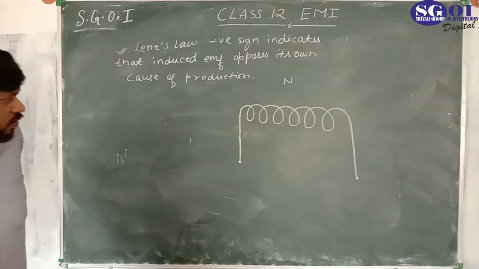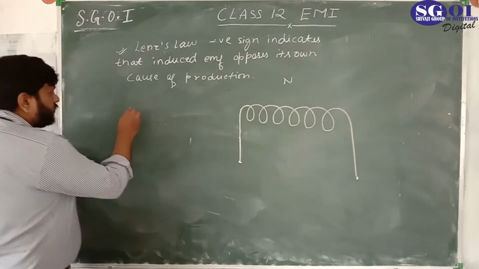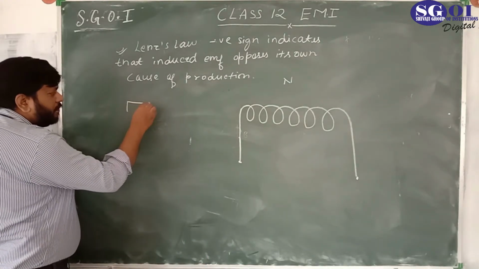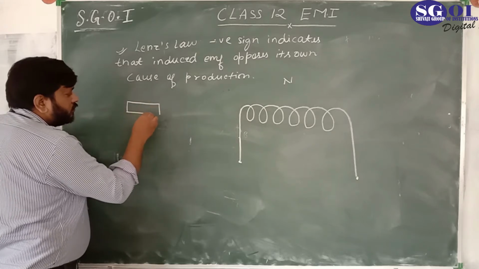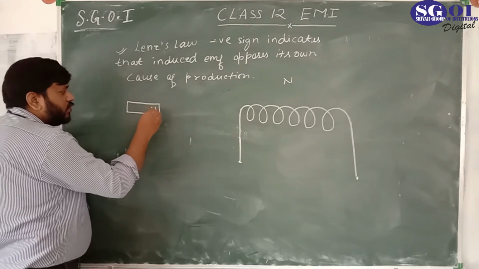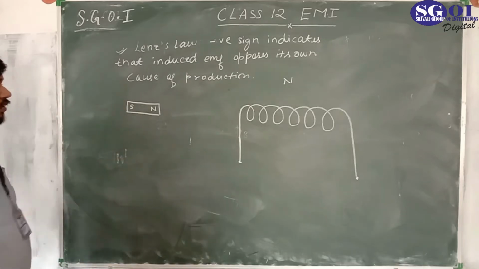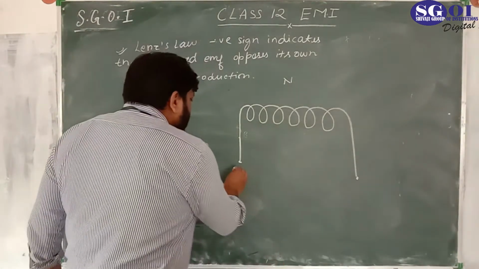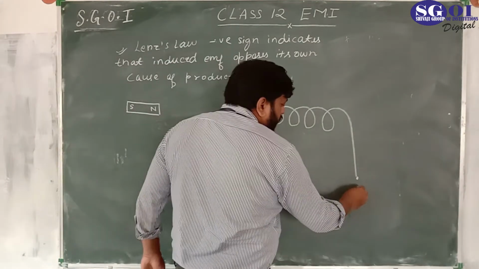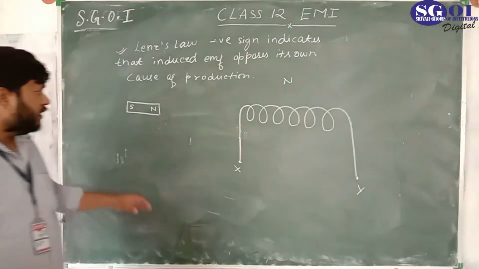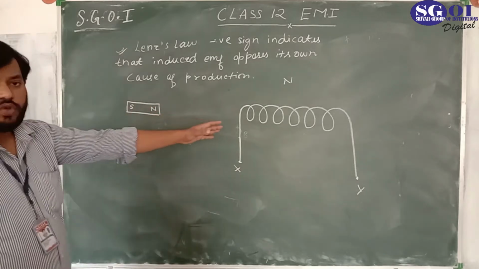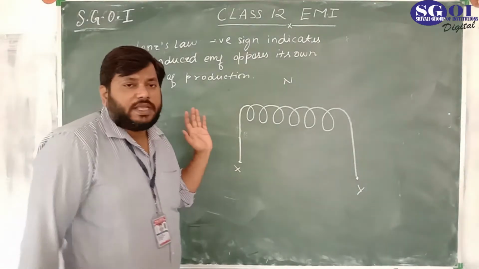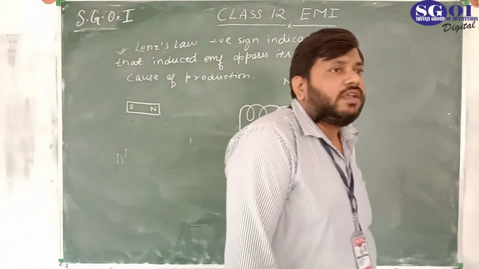Now suppose there is a permanent magnet, a bar magnet. This is north and this is south, in such a way. So this is the coil, with ends x and y, and beside this coil a bar magnet is placed, as you see in the figure.